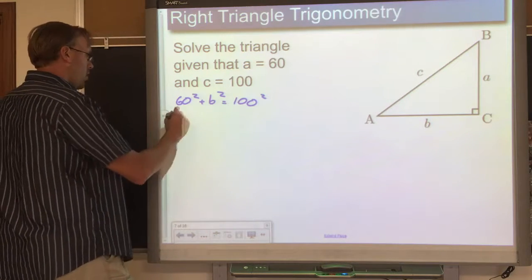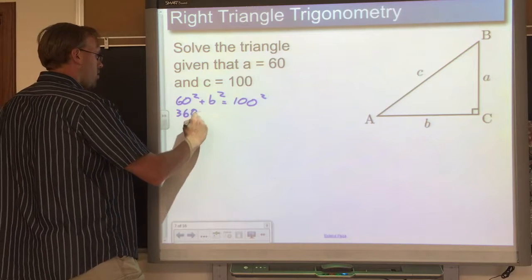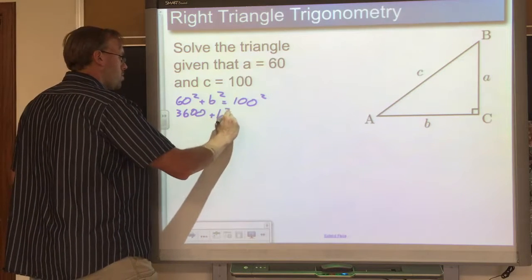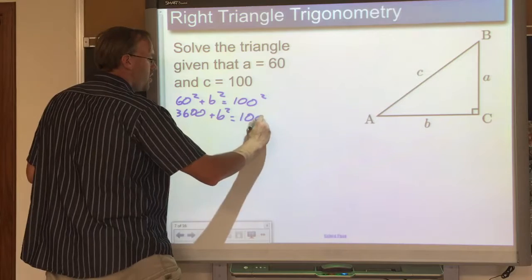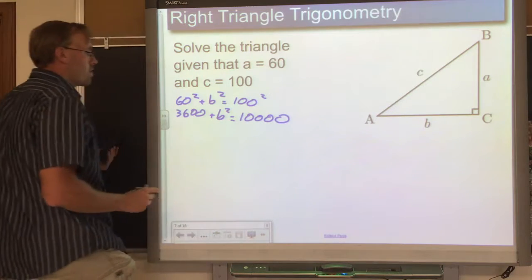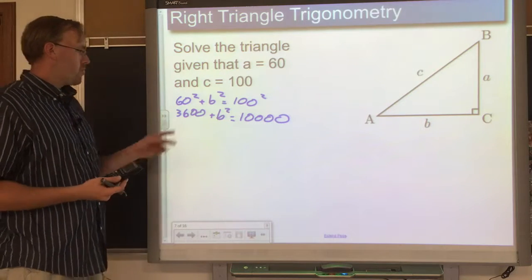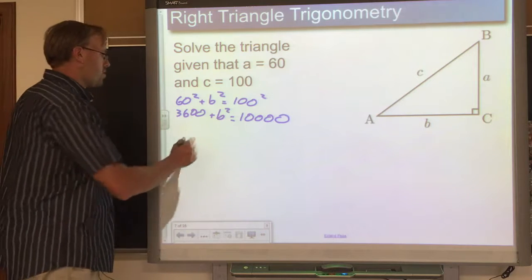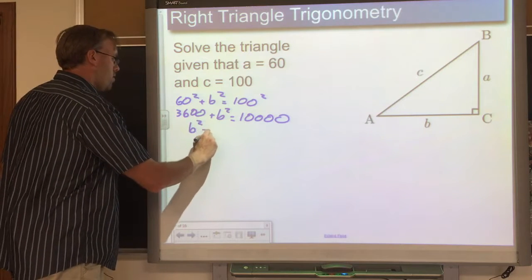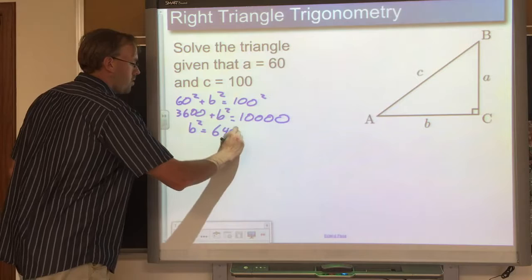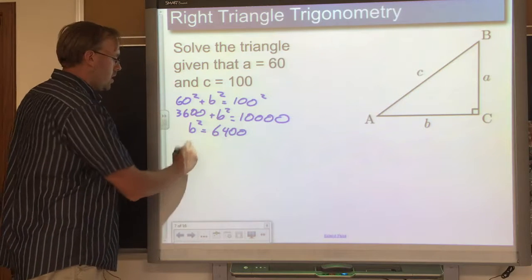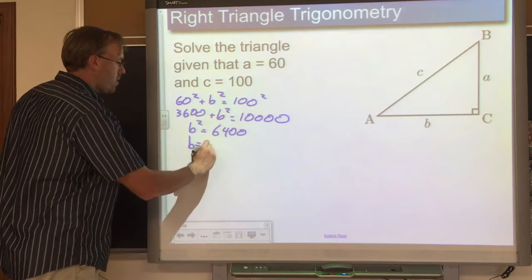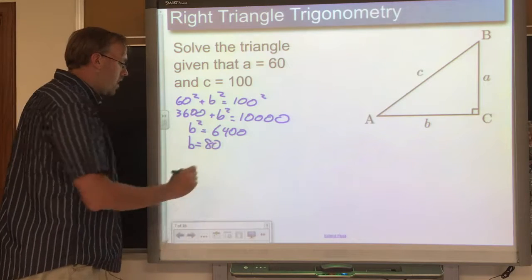So that's 3,600 plus b squared equals 10,000. So if we subtract 3,600 over, b squared is going to equal 6,400. And when we take the square root of that, b is going to equal 80.